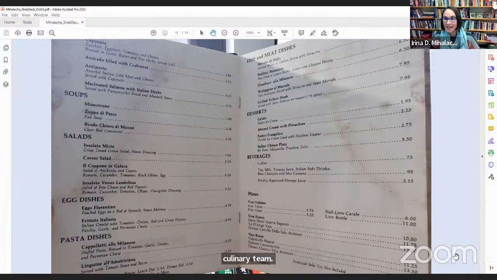To be able to represent 4 or 5 different cultures in a menu in 1 year without a lot of time to actually understand how cultural representation on a menu can elevate the complexities of culture.